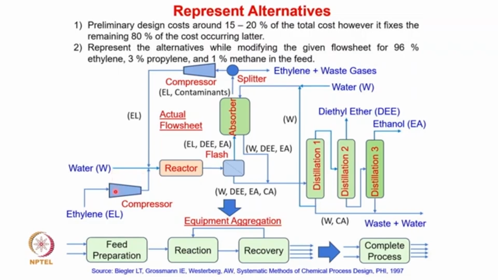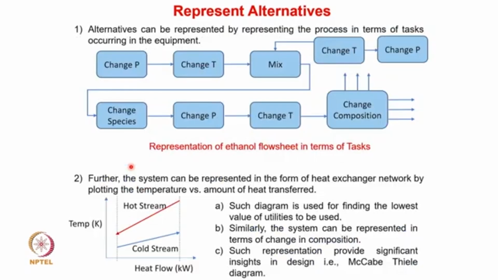So here the task could be increase the pressure, increase the temperature. That is what is shown here. You can see change in P, change in T. This is with respect to, let's say, ethylene. Similarly, with respect to water, change in P, change in T, and both of these are then mixed here.